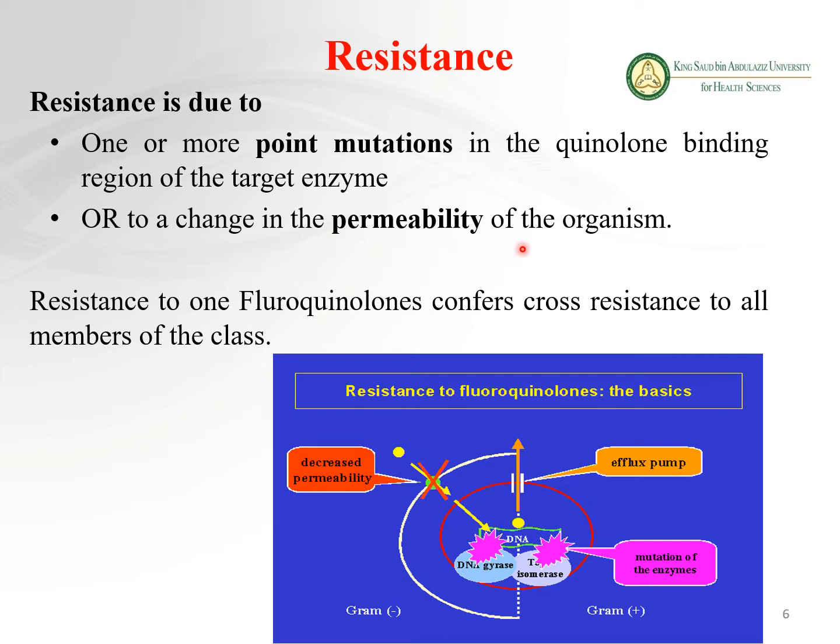Or the organism can change its permeability, changing its structure so it will not allow the drug to enter. Resistance to one fluoroquinolone confers cross resistance to all members of this class. So if bacteria evolve resistance to one drug of this class, then all the fluoroquinolones will become ineffective for these bacteria.